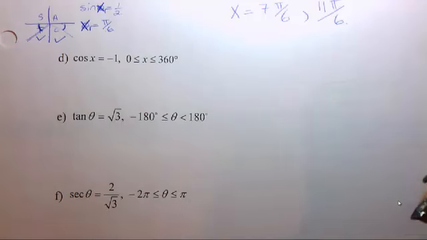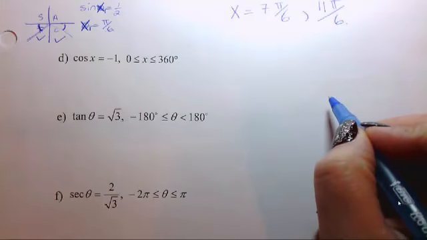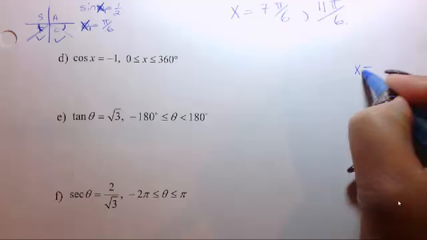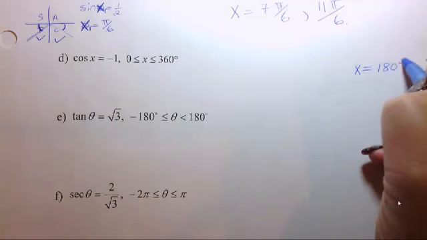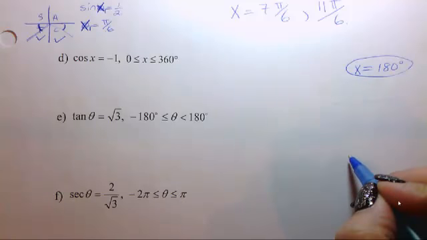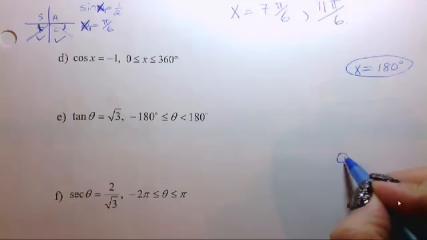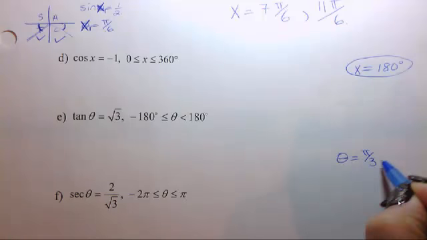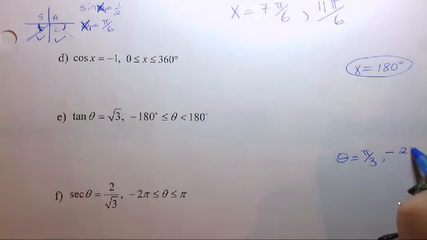Okay, welcome back. Now that you've tried these questions, the answer to D is x is equal to 180 degrees. And the answer to E is theta can be pi by 3 or negative 2 pi by 3.